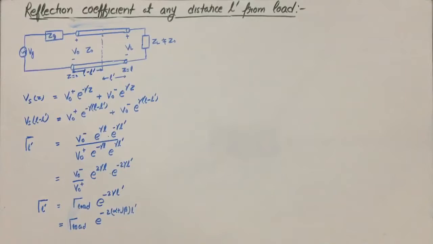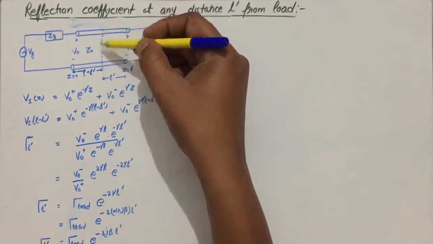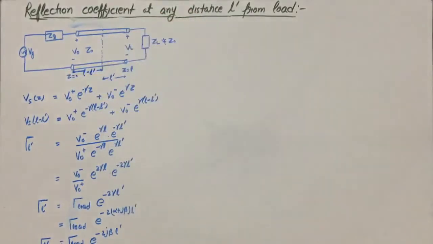As usual, we will talk about the lossless transmission line. In that case, alpha will be 0 and the remaining term will be gamma load e to the power minus 2 j beta L dash. This is the reflection coefficient at any length L dash from the load side.